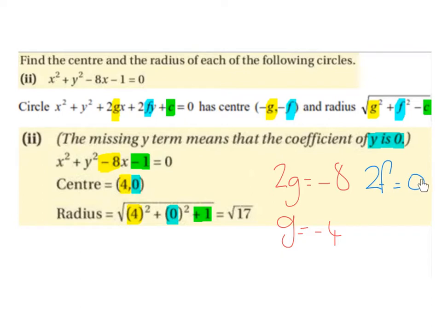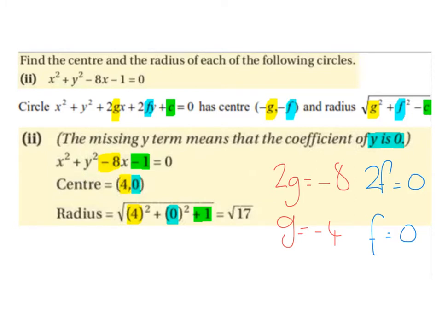So f is going to be 0 divided by 2, which is 0. So f is equal to 0, and our y value is minus f, and minus 0 is still just 0. So our centre point is 4, 0.